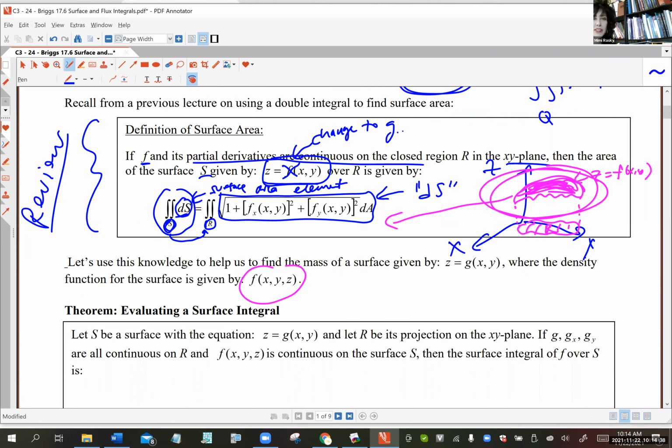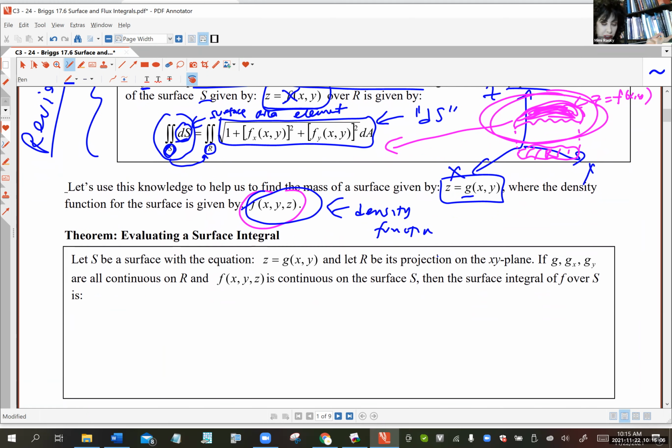Just because we have another f in the mix here, we're going to reserve the f for the density function. So the surface is going to be represented by a g instead of an f. And you want to make sure that you are clear about the distinction between f and g. If you confuse these on an exam, I can't give any credit. Because if you're lost and confused that way, then there's a problem.